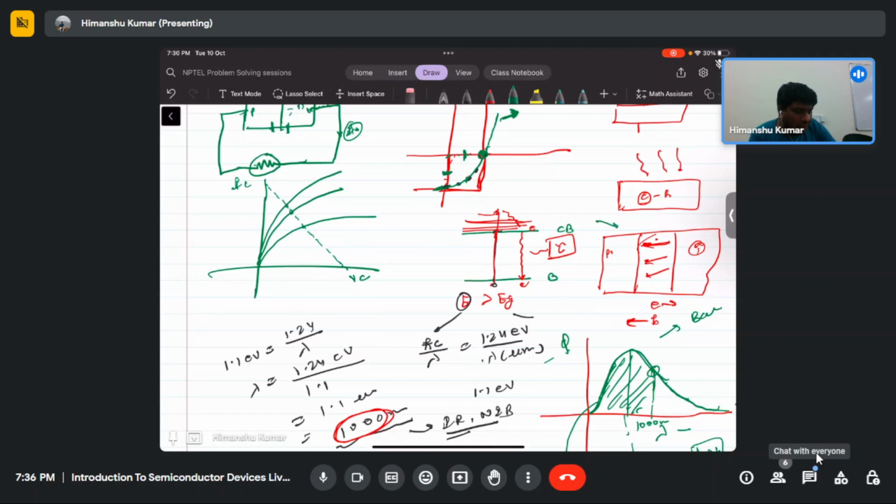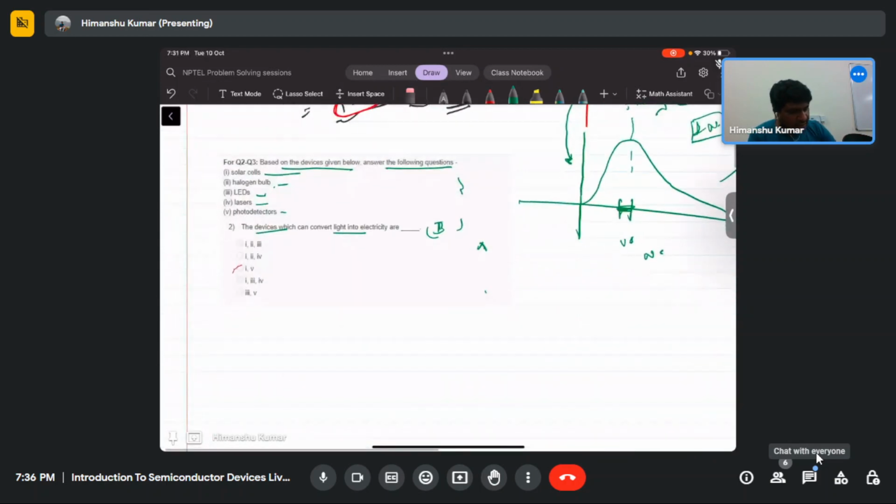In a photodetector, you want to capture all the radiation you put into the device. In LEDs, if you apply voltage across the PN junction, there is light emission because electron hole pairs recombine. The idea is that you extract all the light which is generated; the photon should not get reabsorbed in the semiconductor. So LEDs and photodetectors we can't use interchangeably.